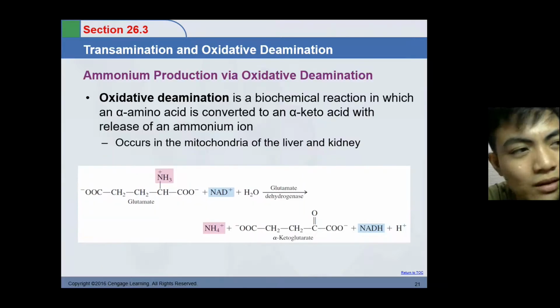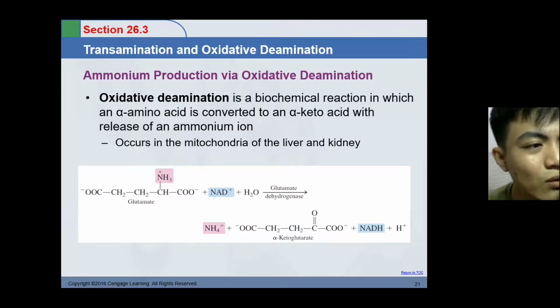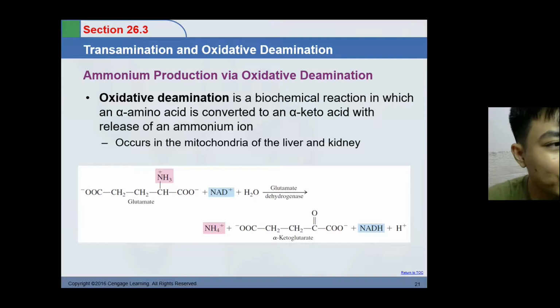So the next one will be the oxidative deamination. So in the oxidative deamination naman, wala kang transfer of ketone groups and amine. Okay? So yung amine, mapuputol siya from your molecule to become your ammonium ion. Okay?